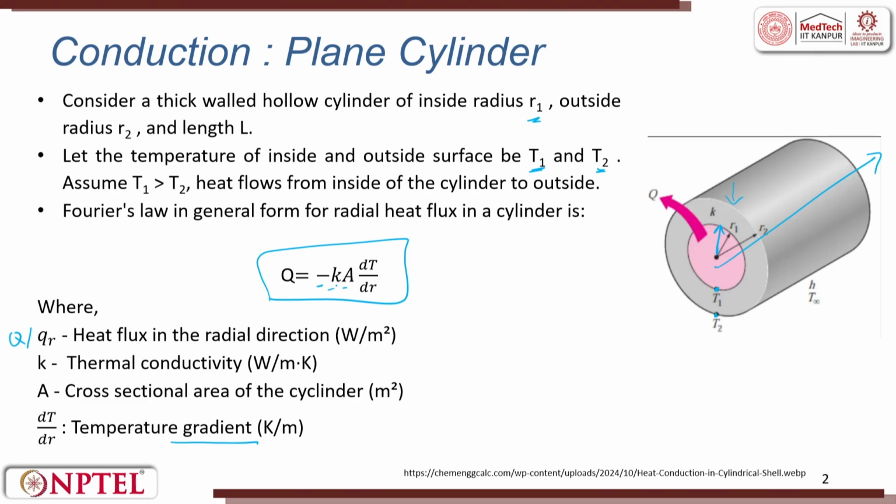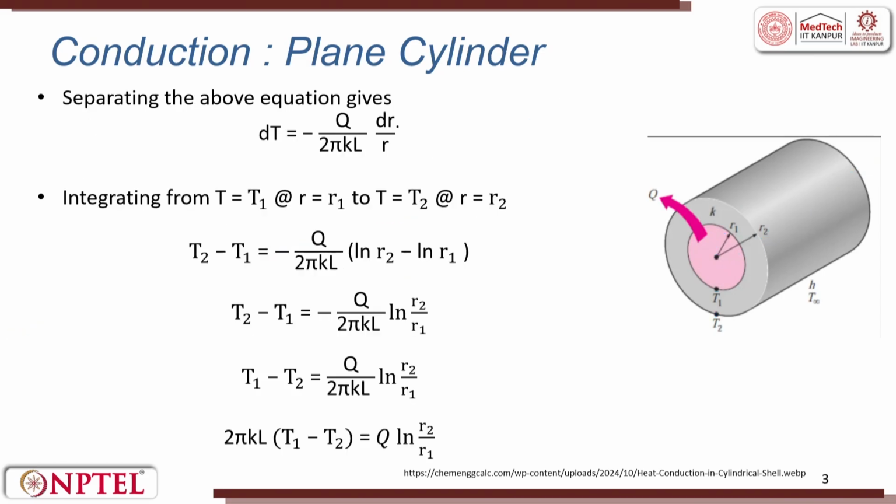The conductivity is watt per meter Kelvin, the cross section area will be meter square, and dT by dr is K per m. Separating the above equation, we just moved dT out and dr here, so we brought it as Q by 2 pi KL. Where did this 2 pi come from? Because it is a cylinder, right.